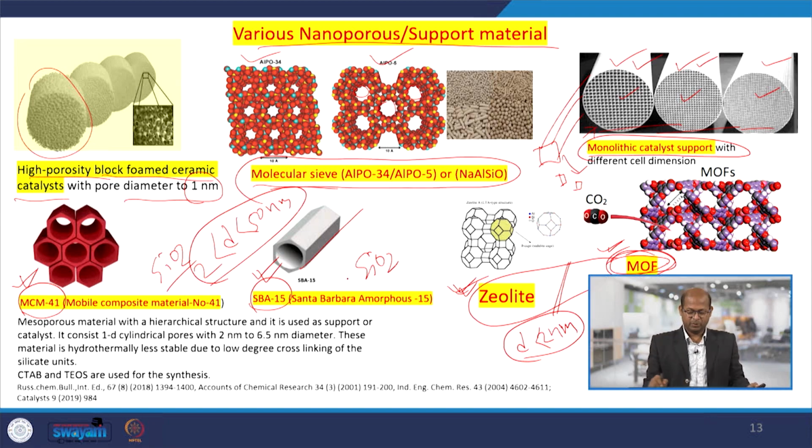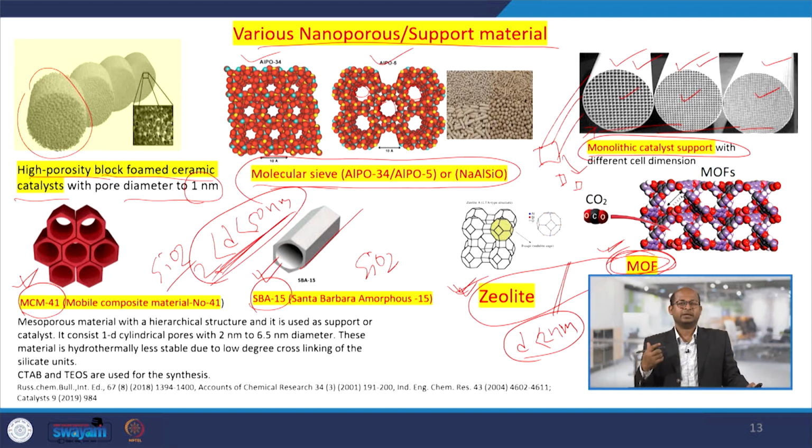In this type of material, usually some surfactant or structure directing agents are used to make the pores inside the catalyst. These materials have high surface area, and mesoporous materials are highly porous, with pore diameters of 2 to 50 nanometers.